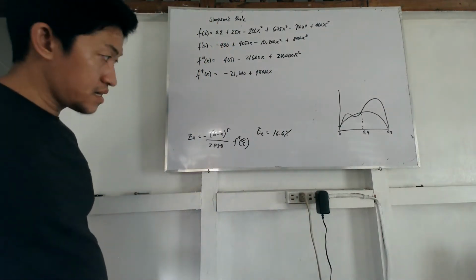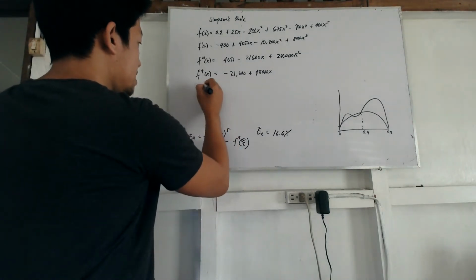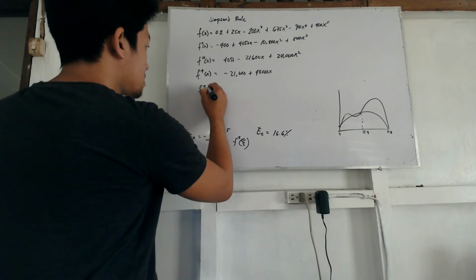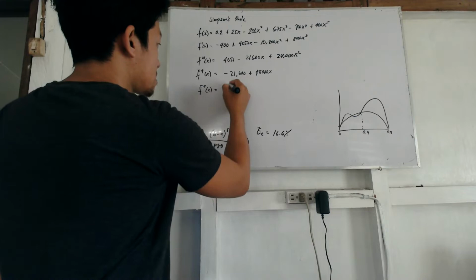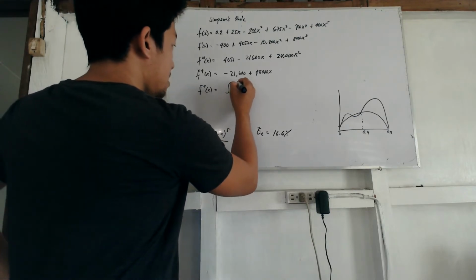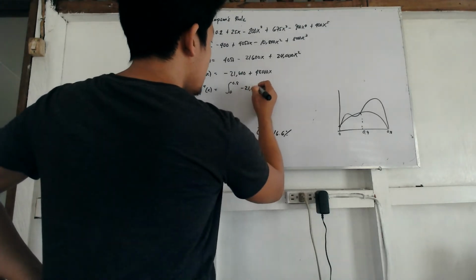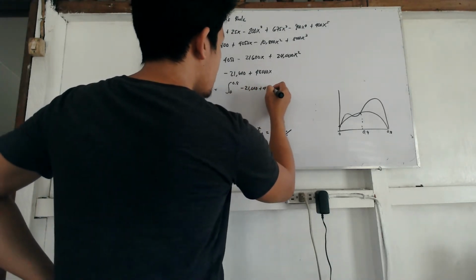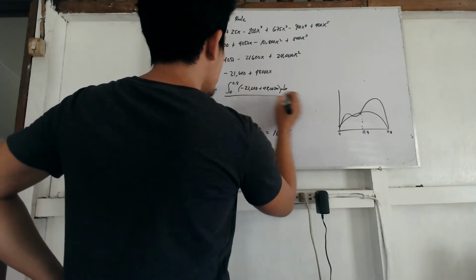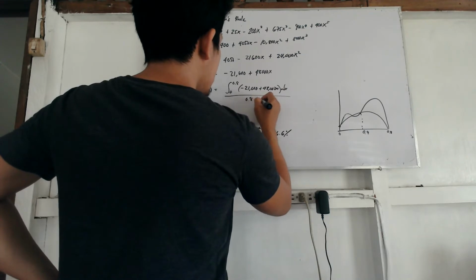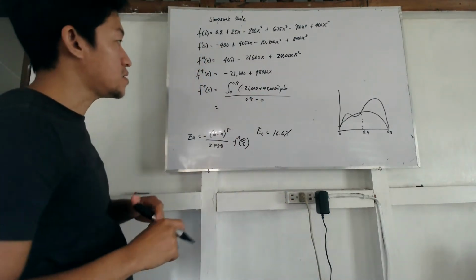And to evaluate this one, we'll get the average value. It's equal to the integral from 0 to 0.8 of the fourth derivative divided by 0.8 minus 0.